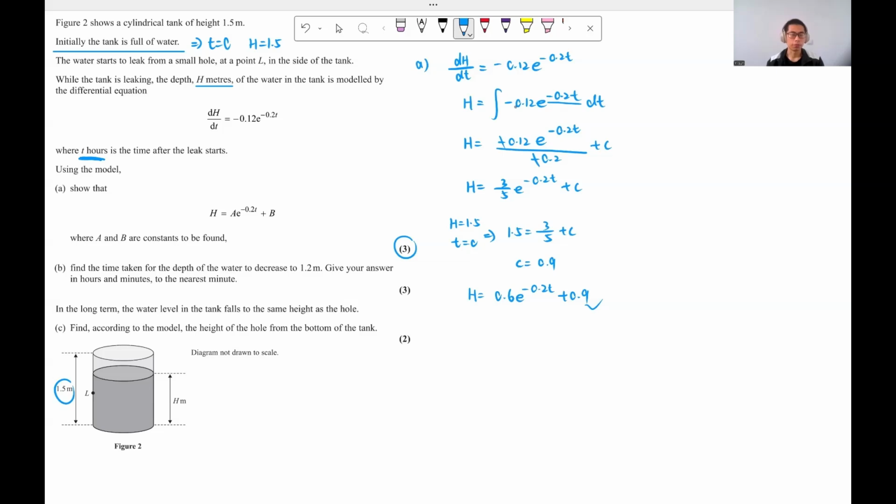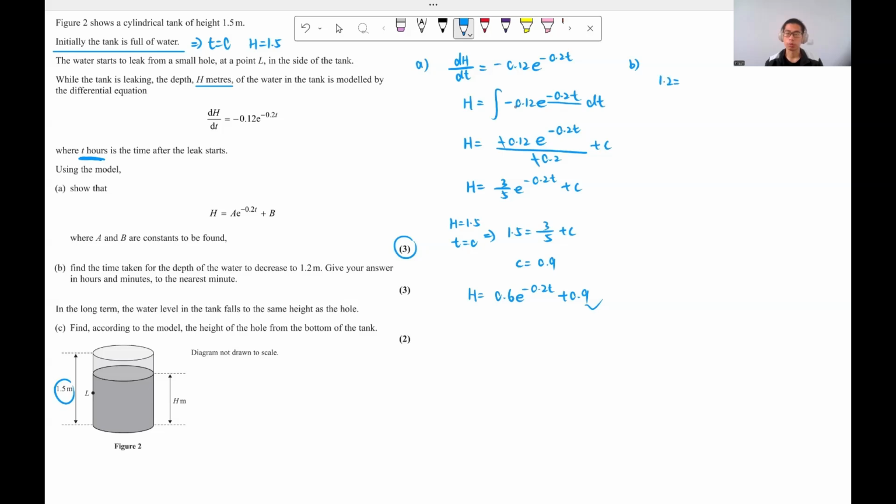Okay, part B. Find the time taken for the depth of water to decrease to 1.2 meters. Give your answer in hours and minutes to the nearest minute. So for part B, we want to work out the time t when the height becomes 1.2 meters. So we just let h equal to 1.2.